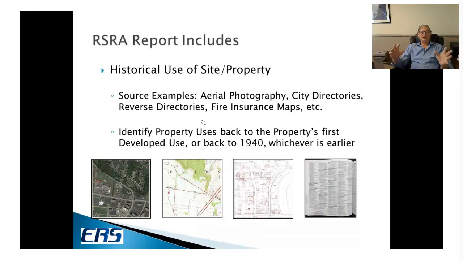But with fire insurance maps, what happened is, in the old days, they used to send out guys with these big books, and they'd walk around the city and really draw out the buildings and look at the buildings: what they're made of, wood, whether they have a fire hydrant right next door. Do they have above ground storage tanks if they can see them? Do they have a sprinkler system? That kind of thing.